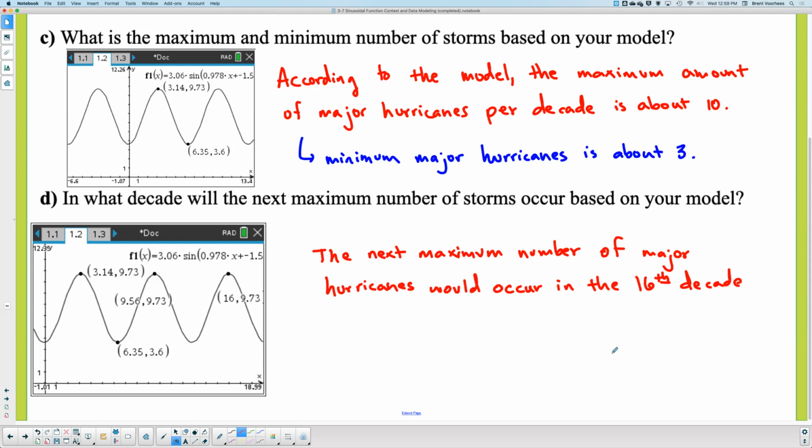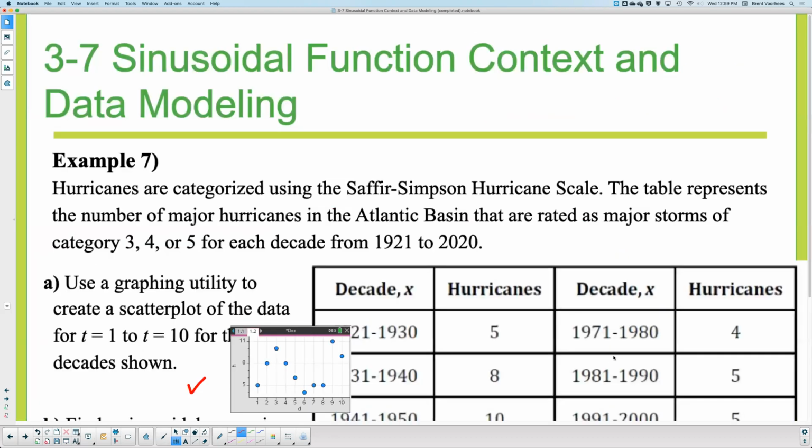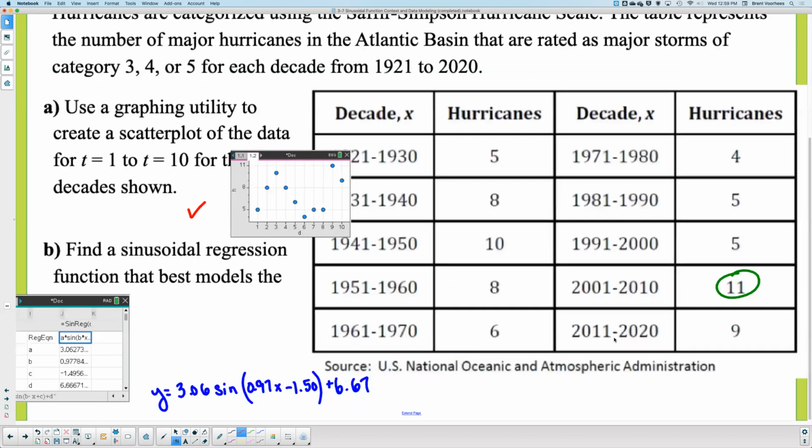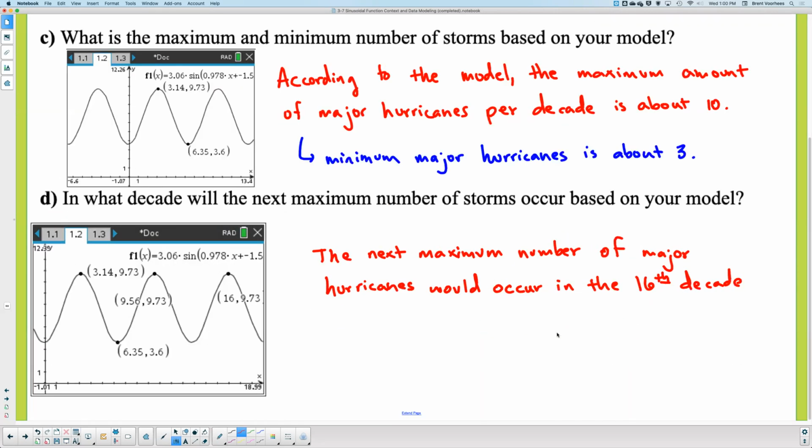And we could go off the previous page. If this is decade 10 here, if you add 6 more decades, that would get us to 2080. So that would be 2071 through 2080. Let's hope that's true.